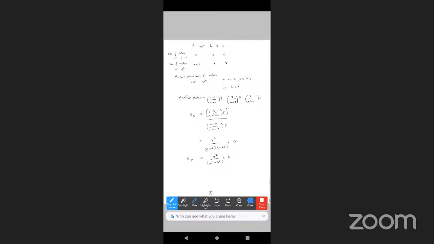Number of moles at initial time is A, and for B and C, there are no moles initially.